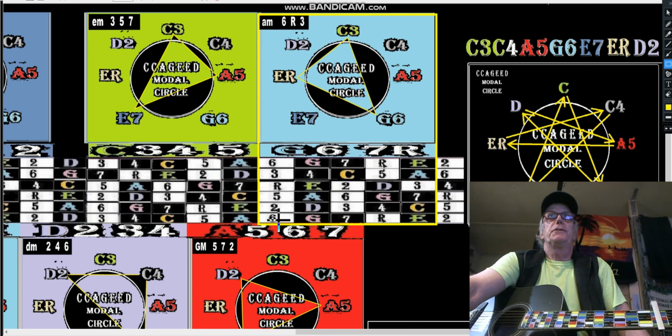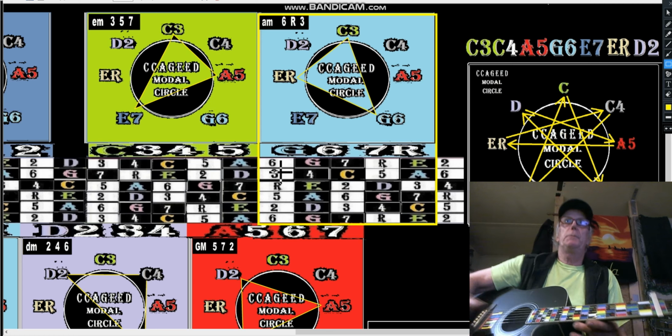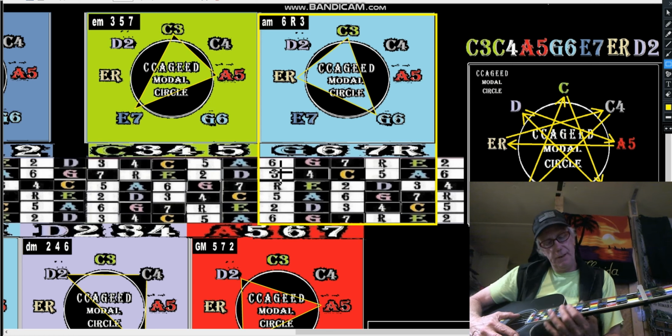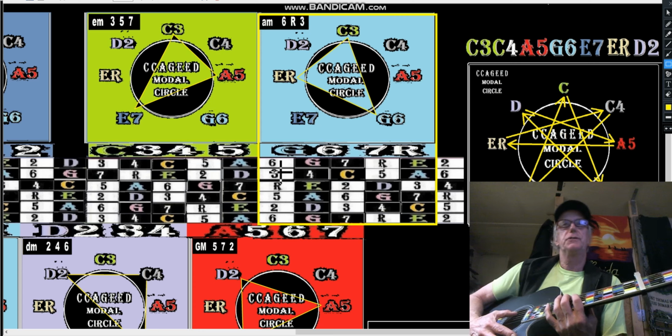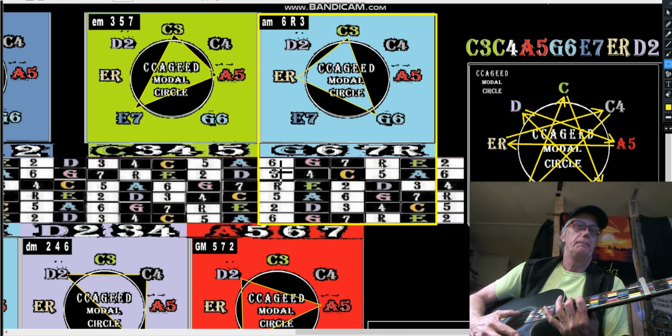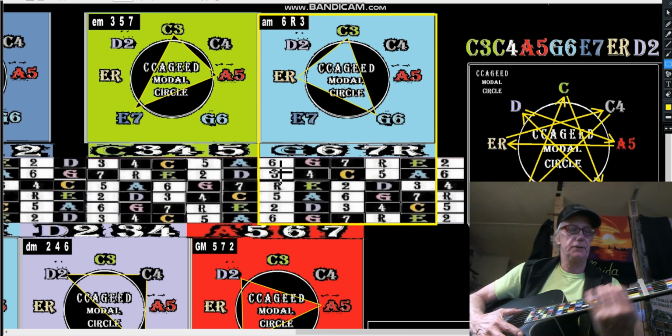So 6 starts the string shape on the bottom, and then the G shape is going to have the root, and the B shape is going to have the 3. So remember, anywhere you have a 3, you can do that C string shape. You can build that string shape anywhere you have that third scale degree.